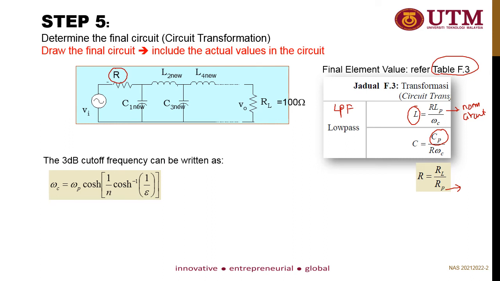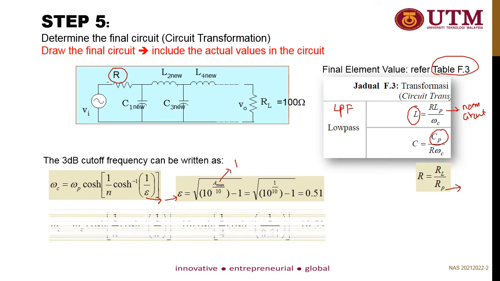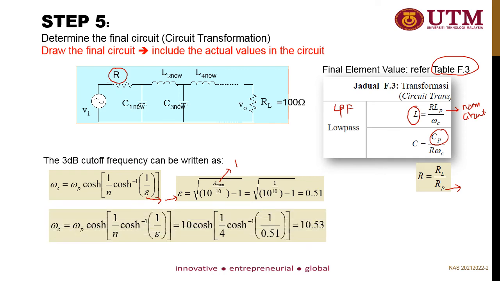So you can calculate the omega C by referring to the equation. So it's omega P cosh, this equation, and the ripple factor can be calculated by using this equation. Amax given as 1 dB, so just put in 1. So you get the ripple factor equal to 0.51. Then you need to calculate your omega C, and omega C will be used in your L and C new calculation.